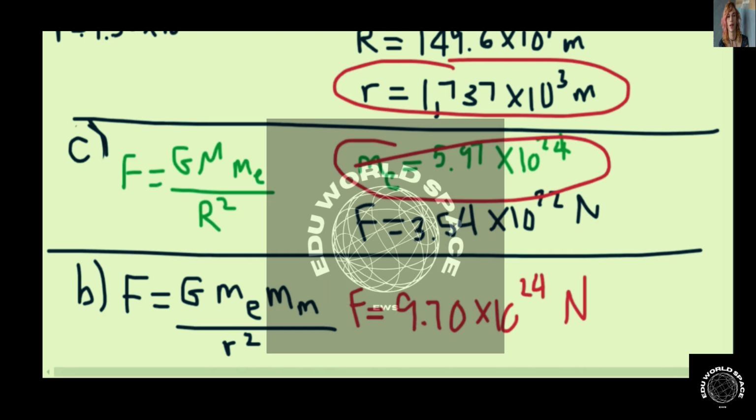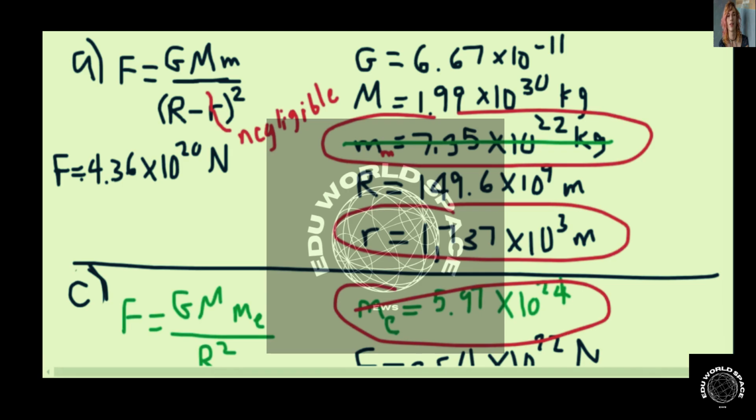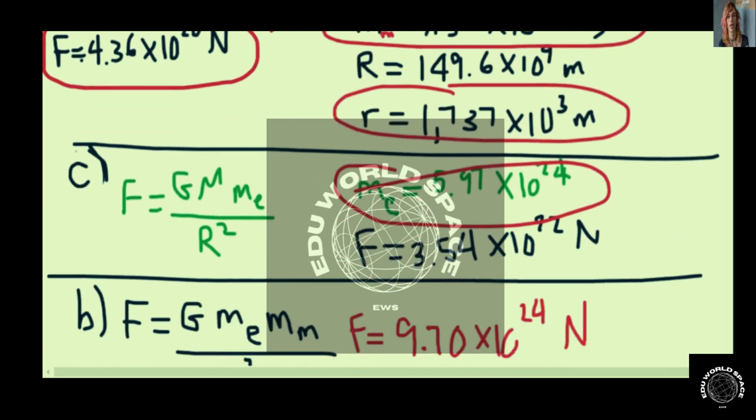So the last part asks us why the sun doesn't pull the moon away from the Earth. Well, the force exerted by the sun on the moon is A. And we can see that that is to the 20th power.